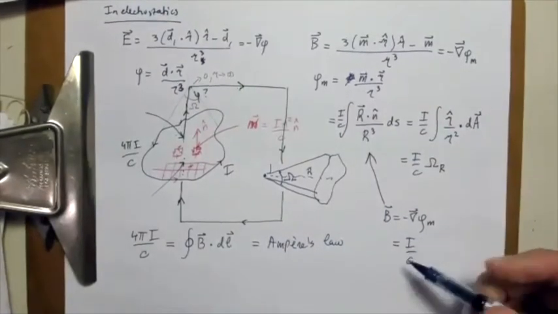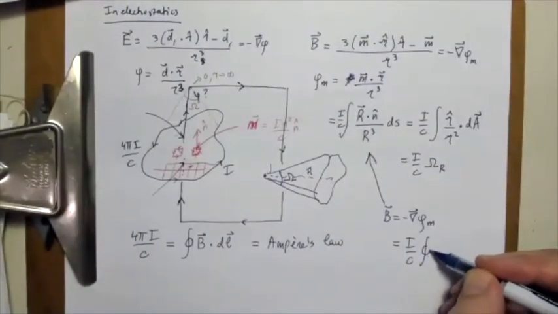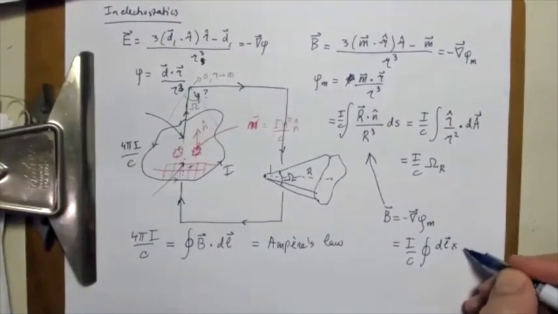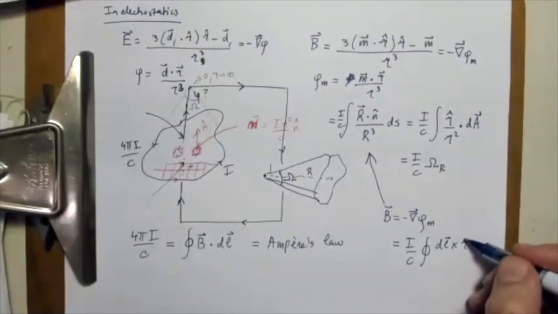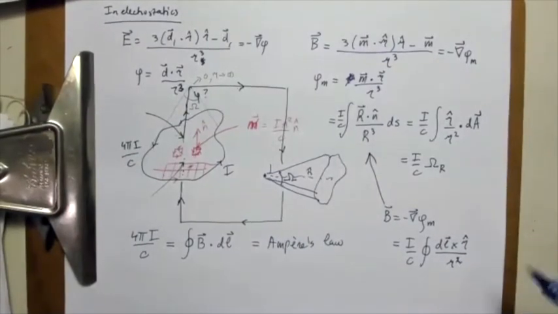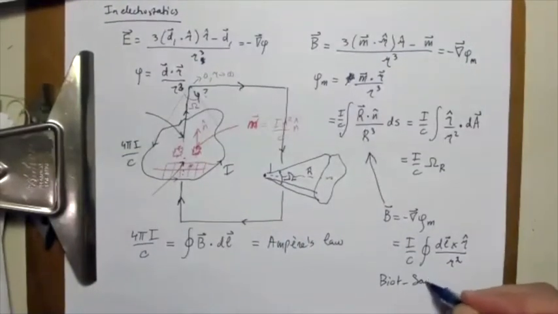So it comes from the same place, but you just do something different with it. Instead of working in the potential formulation, you are working in the magnetic field formulation. So that's our R, and then that's our R squared. And that is the law of Biot-Savart.